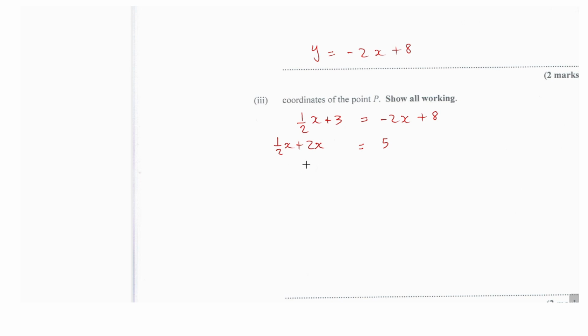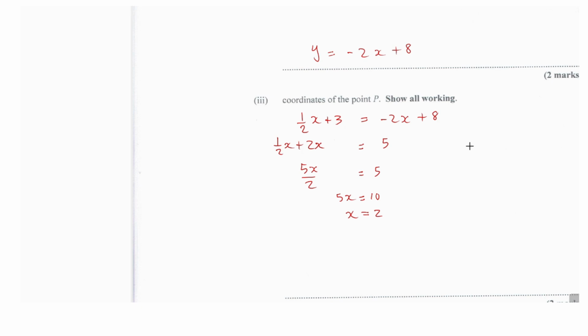So that gives us 5x over 2 equals 5. So we have 5x equals 10. So x equals 2. So when x equals 2, we can get the value of y.